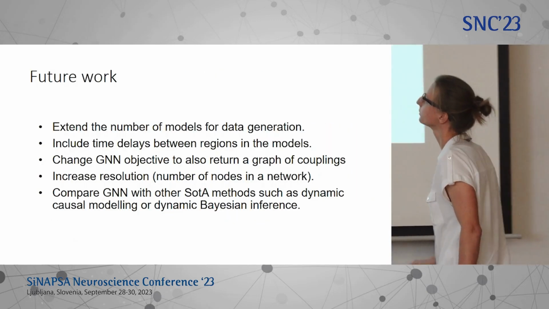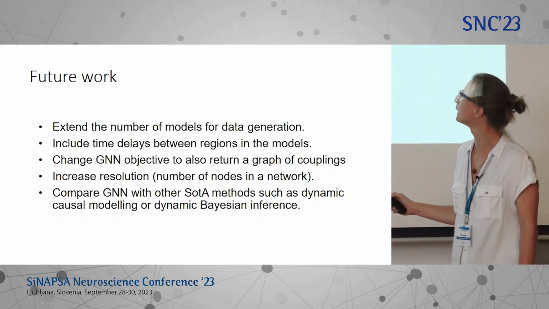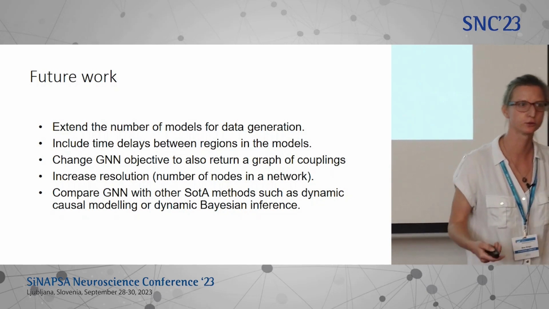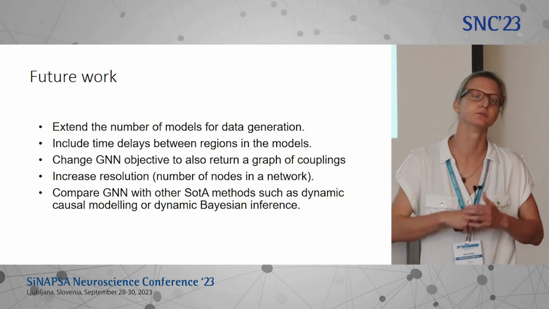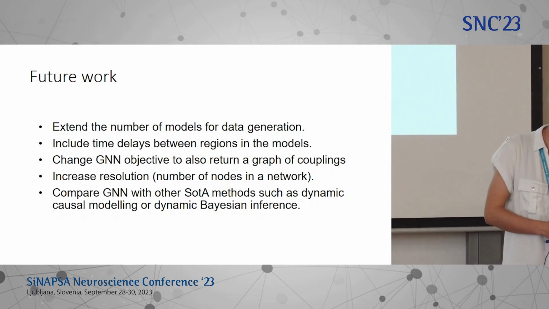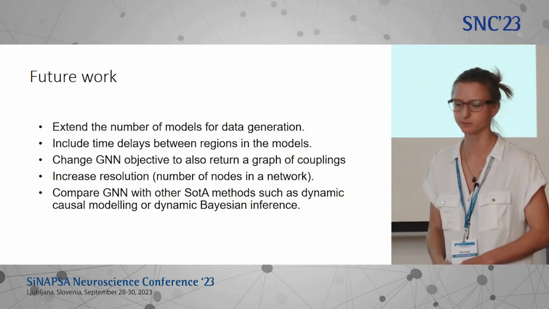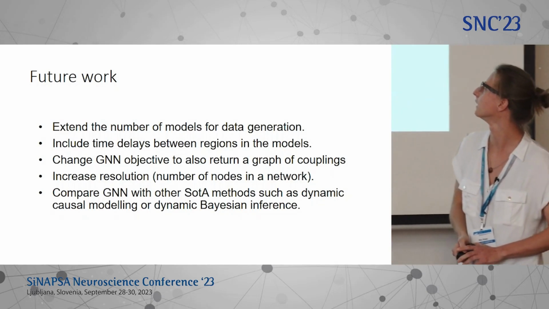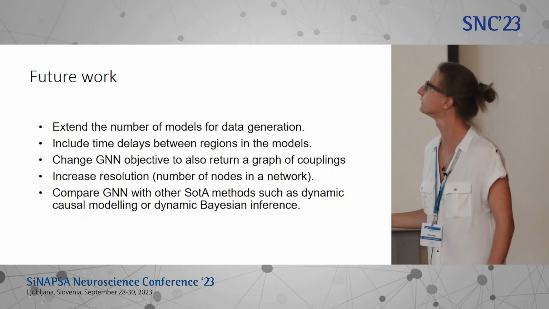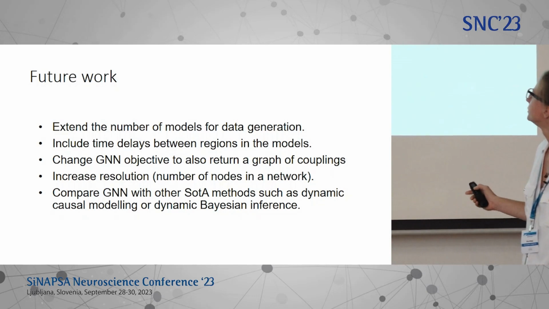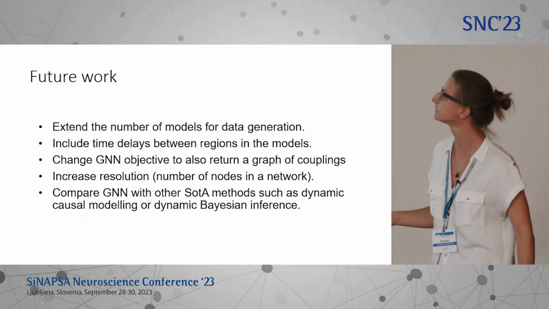Yeah, so in future work, because we have a lot still to do, we want to extend the number of models for data generation. I told you we simulated the data using Kuramoto oscillators. There are many other models that are much more biophysically based, for example the Wilson-Cowan model, the Jansen-Rit model, and others. We will definitely try that, and also extend our datasets with it. We want to include time delays between regions in the models, because that's also how actual brain dynamics look.